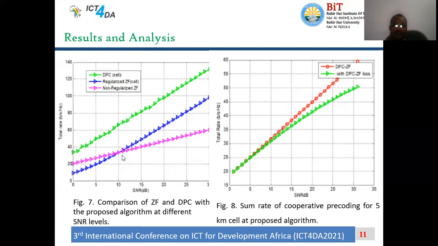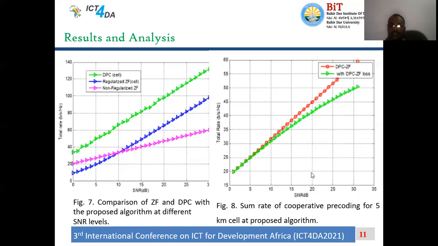For smaller signal to noise ratio values, non-regularized zero forcing is better than regularized, and for larger values of SNR, regularized zero forcing is found to be better than non-regularized. For all SNR values, dirty paper coding is found to be better than the other two precoding techniques.